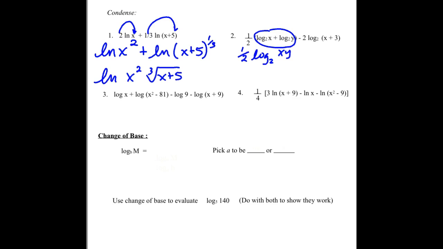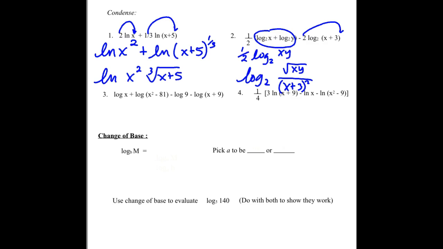So now when we put that square root back in, that 1/2 power goes back in, it's over both the x and the y. So we've got log base 2 of square root of xy. And then dividing, because subtraction condenses into division, the 2 going back, we would have an x plus 3 squared in the bottom.